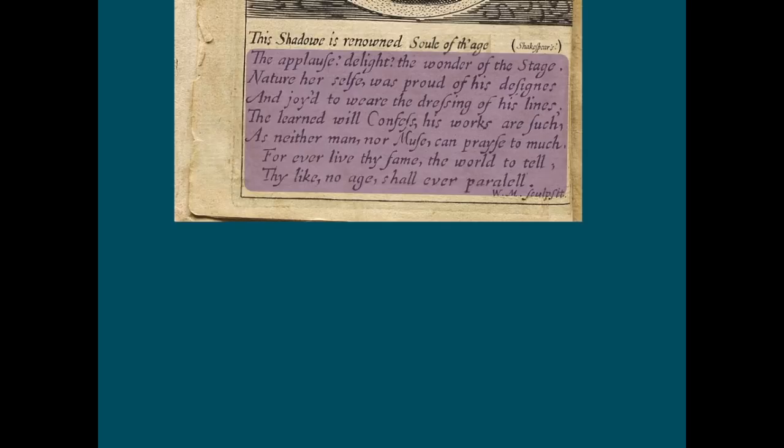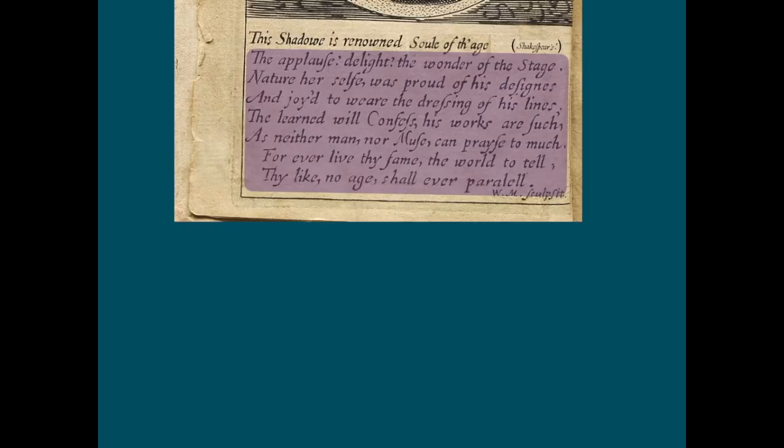So let's place them to the side as though they are some sort of parenthetical margent. This shadow, Shakespeare's, as the question is being asked. This shadow is renowned soul of the age. Here we're using a slightly archaic form of renowned, as I might say, my wife is renowned virtuous, or this knight was renowned worthy the world over.